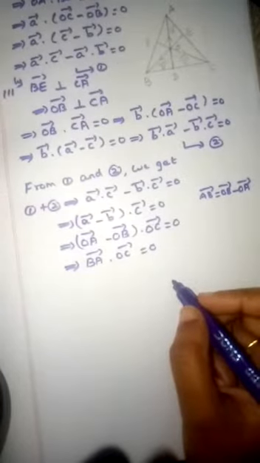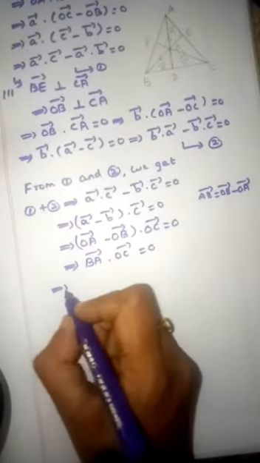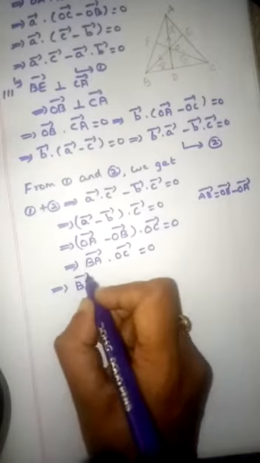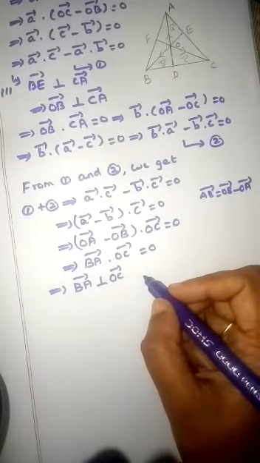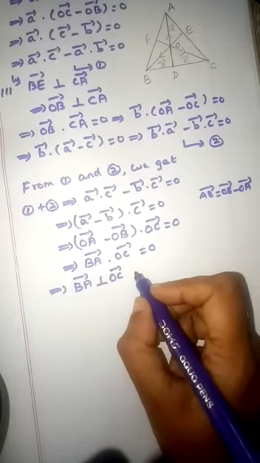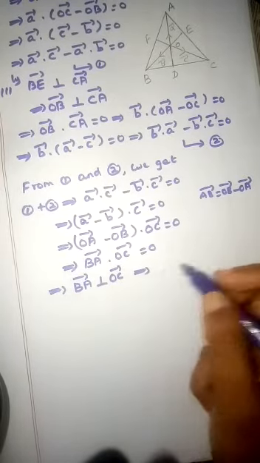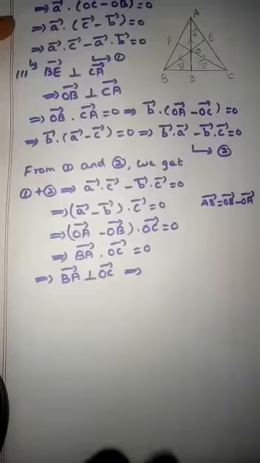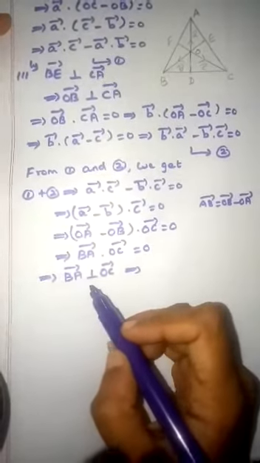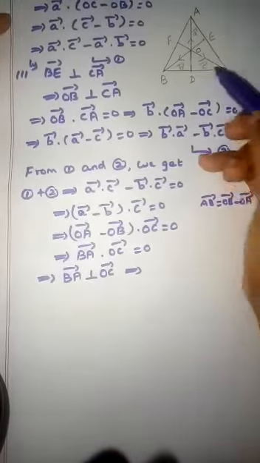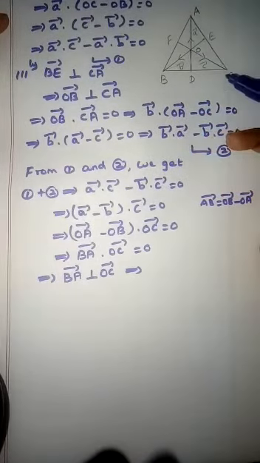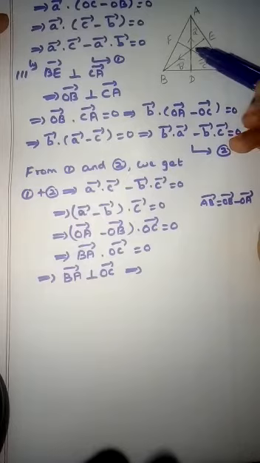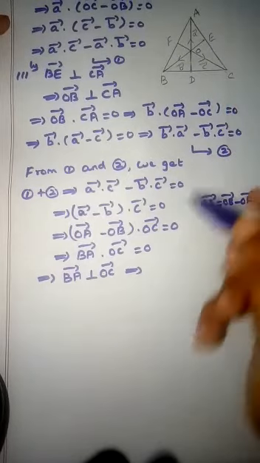So from this what you can say, both are perpendicular, isn't it? So BA vector is perpendicular to OC vector. OC vector is perpendicular to BA vector means you can take this full line also, that is CF also will be perpendicular to BA vector.